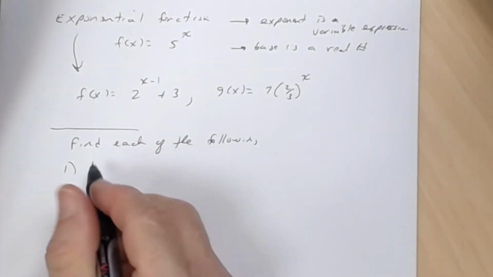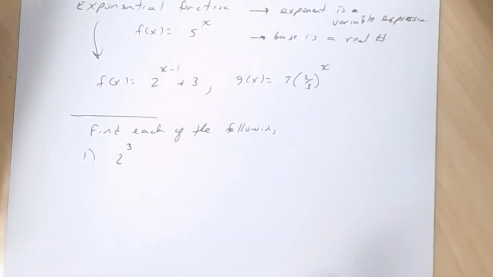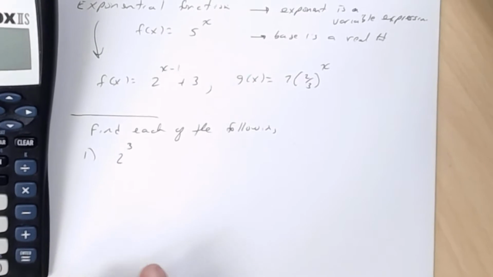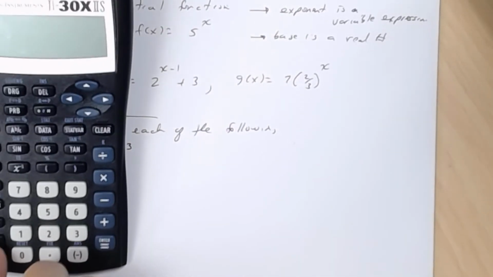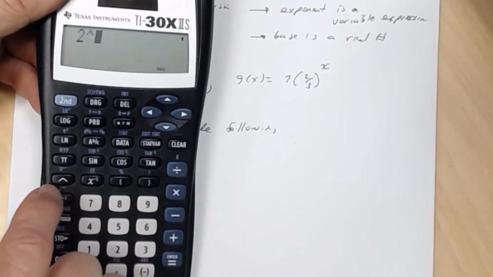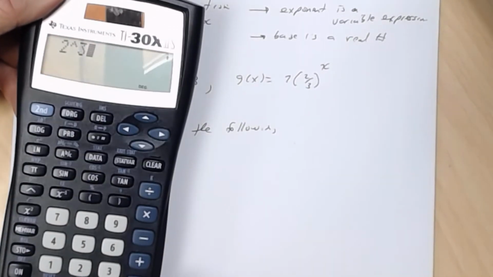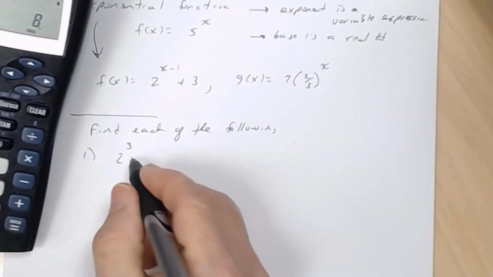So the first one we're going to look at is this one. So 2 to the third power. You all know what that is. That's 8, right? And you all know how to use your calculator with this. So you're going to say 2 raised, see how it shows up? 3 equal 8, right? Okay.